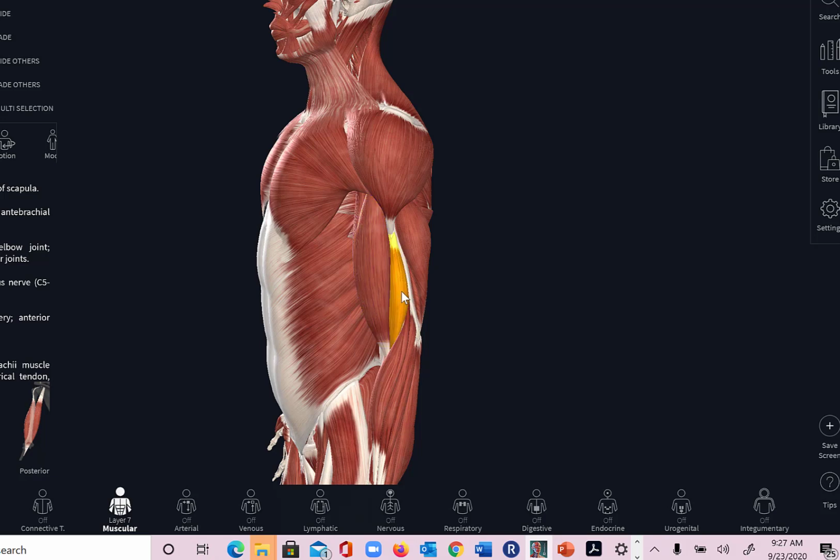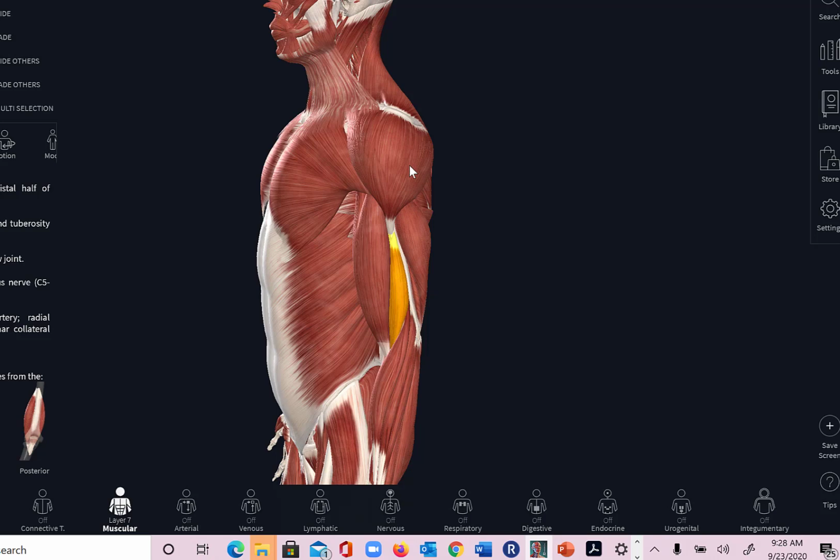Let's now cover this muscle that is deep to the biceps brachii. But from a lateral perspective, you can actually see portions of this muscle, portions of its belly sticking out laterally. And this is the brachialis. It has its origin on the anterior side of the humerus, distal side of the humerus, not proximal.